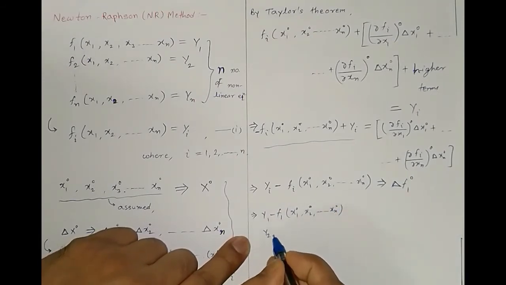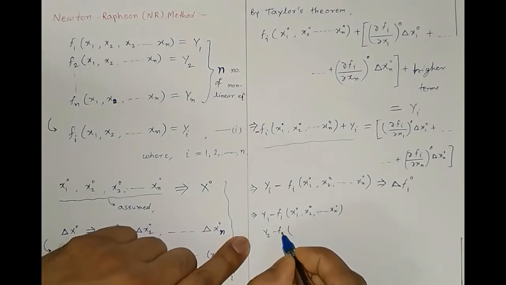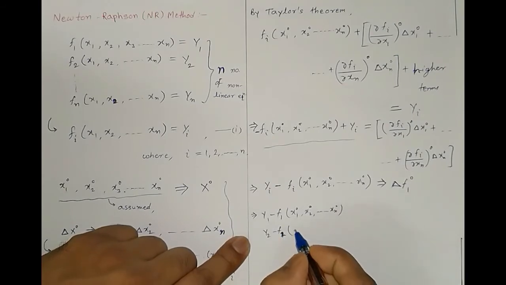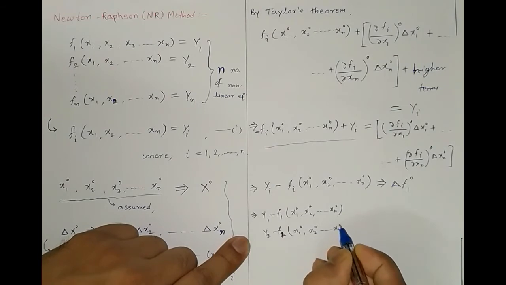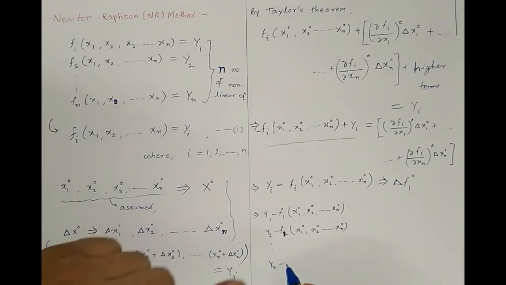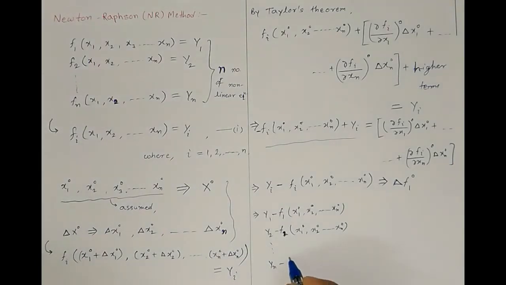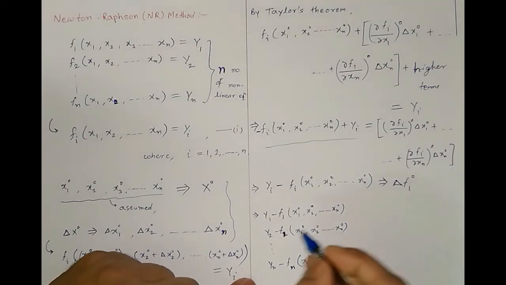This will be y2 minus f2(x1 0, x2 0 and so on xn 0), and so on. This will be yn minus fn(x1 0 and so on xn 0).